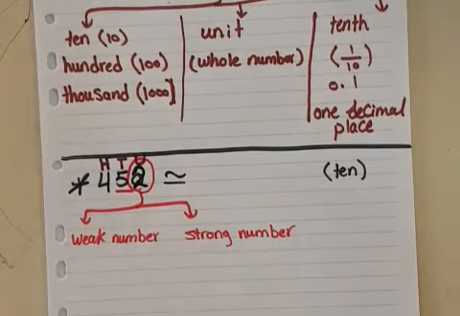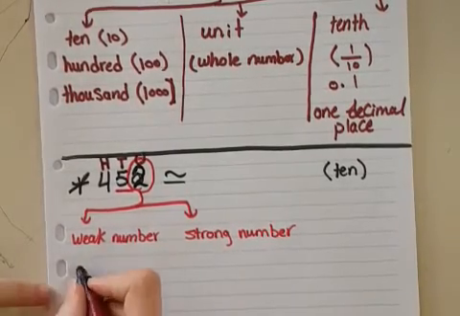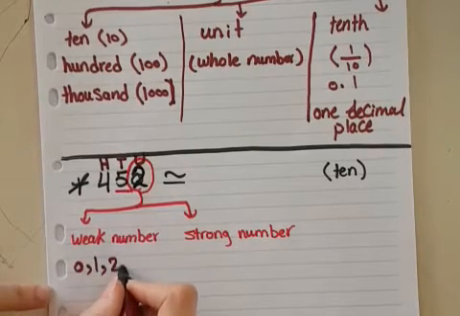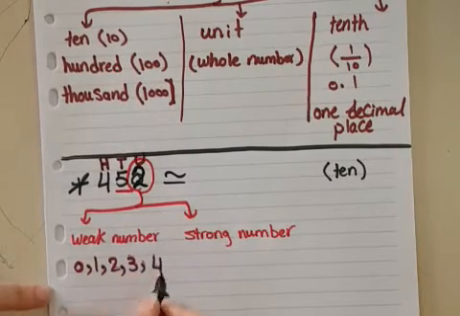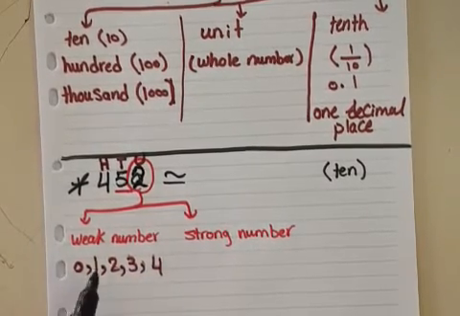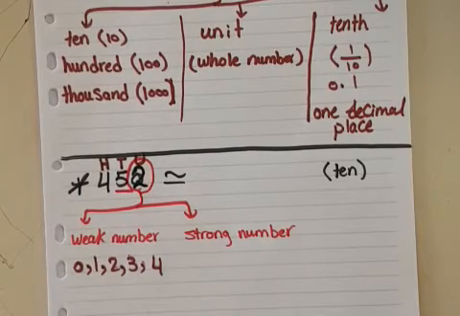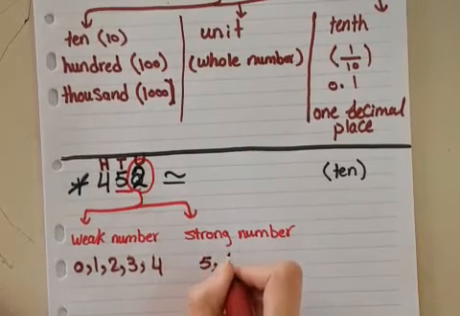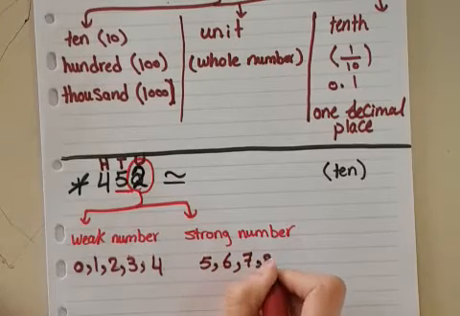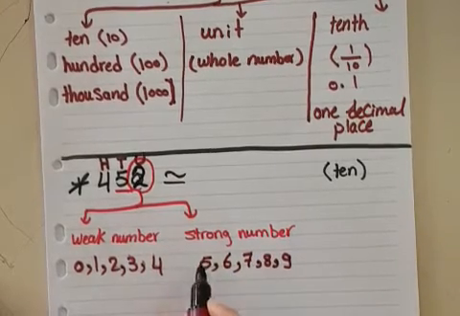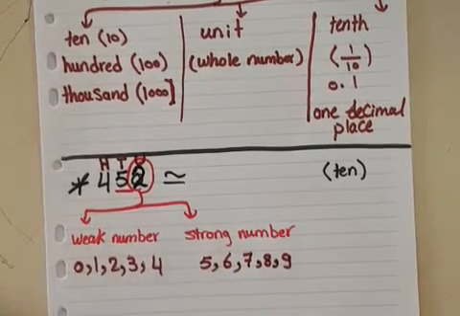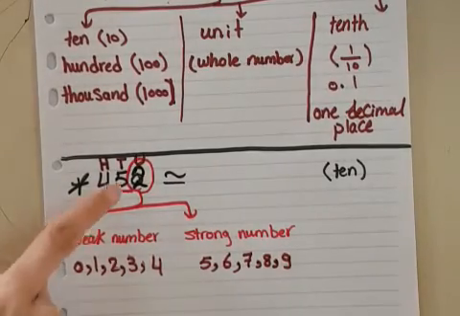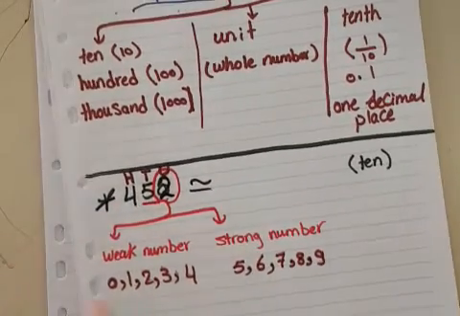The weak numbers are 0, 1, 2, 3, and 4. These are the weak numbers. So what are the strong numbers? The strong numbers are 5, 6, 7, 8, and 9. Now you have to ask yourself, is the 2 a weak number or a strong number?